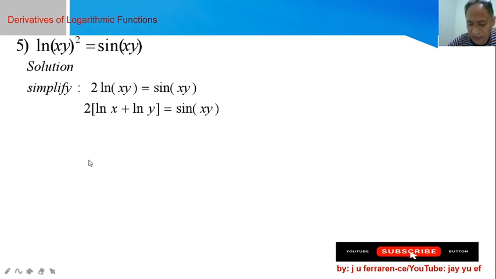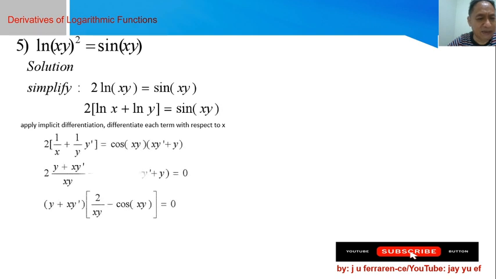Now differentiate implicitly. There is 2 times the derivative of ln x plus the derivative of ln y. So we have 1 over x plus 1 over u, which is y prime. Because this is under implicit differentiation, your y prime will actually appear in a term involving y.